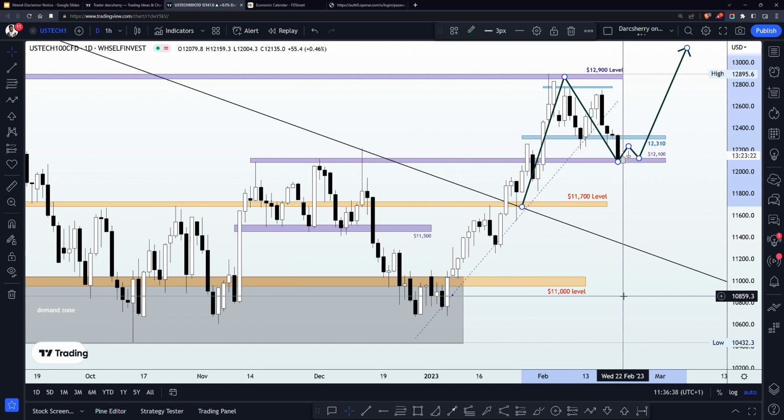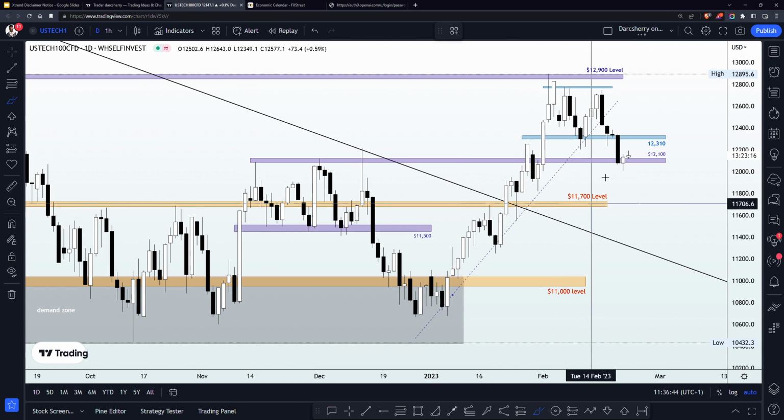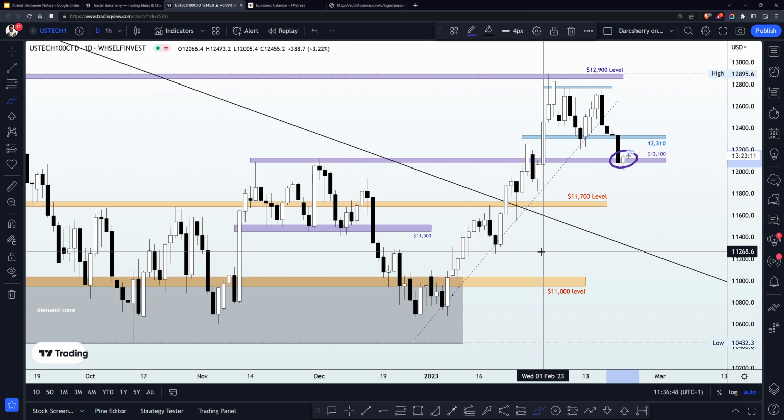So that is one scenario we are going to be looking at today when we scale down to the lower time frame. So in that regard, if we start seeing buy pressure around this area on our lower time frame, how market structure gives us a reversal pattern around that area, then we might be anticipating that bullish momentum.